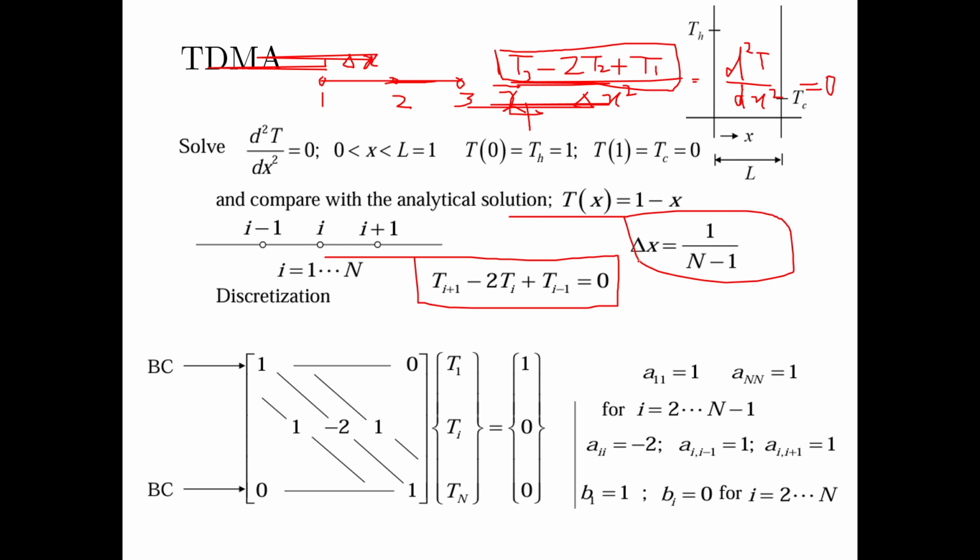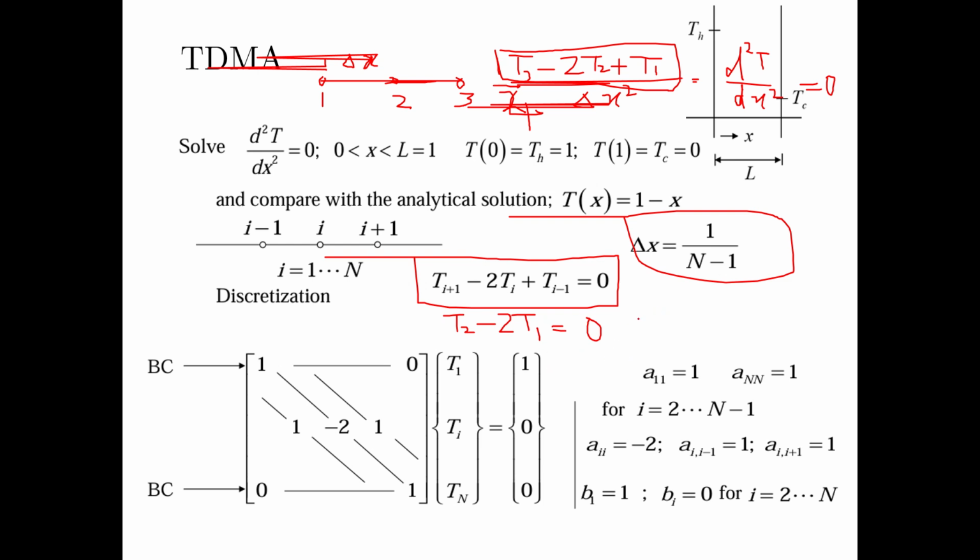So this is our discretization, and now we simply convert this into matrix notation. For the first element we have TH equal to 1, so there would be no T(i-1). We will get a T(i+1), so I will get the equation T2 minus 2T1 is equal to 0.